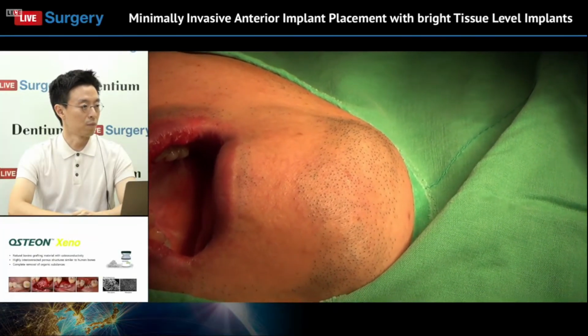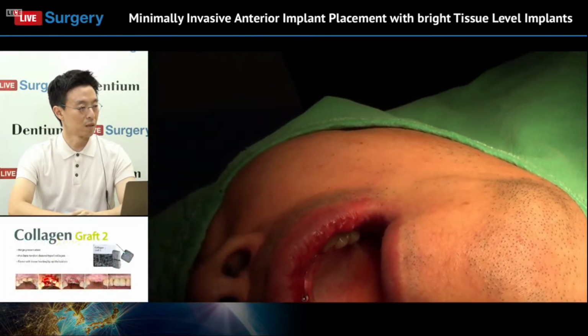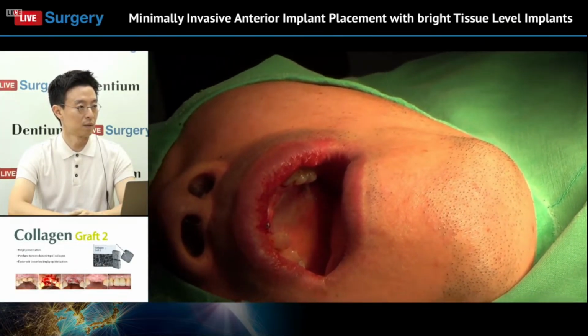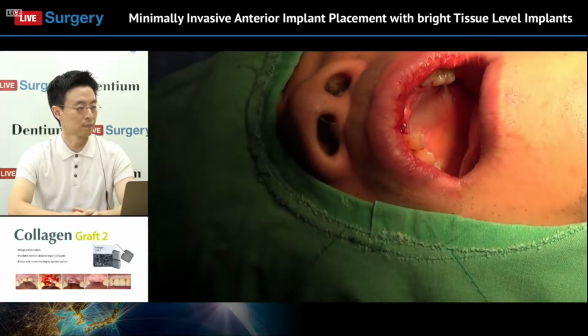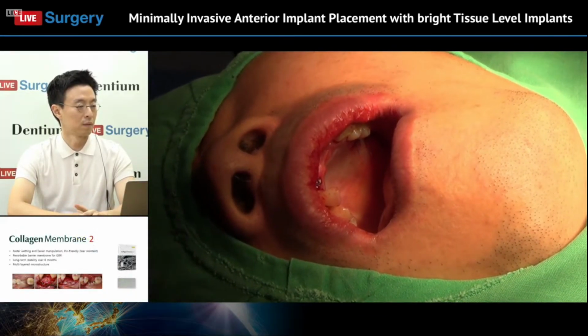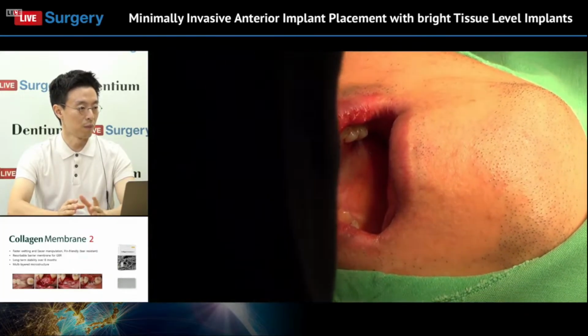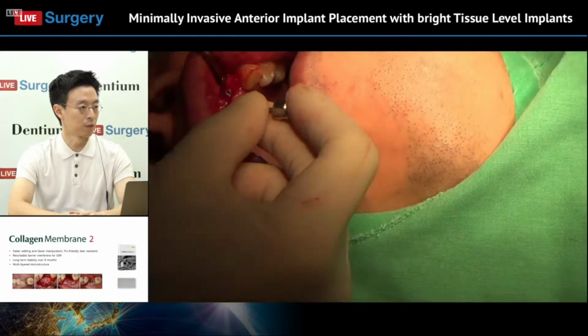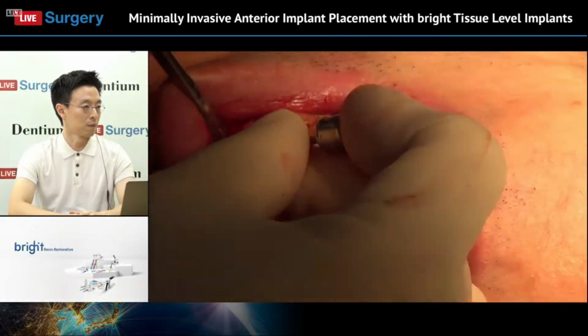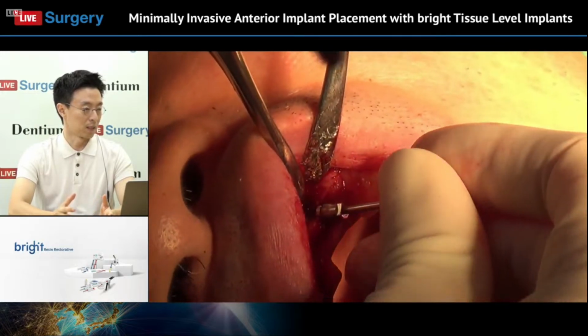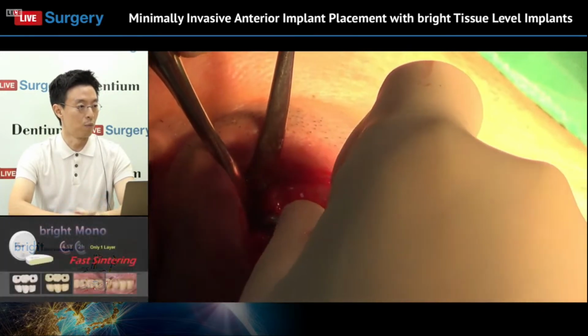The diameter of the comfort cap was 3.2 millimeter, the narrow one. We can use 4 millimeter diameter comfort cap in the wide case, in the premolar or the molar area.